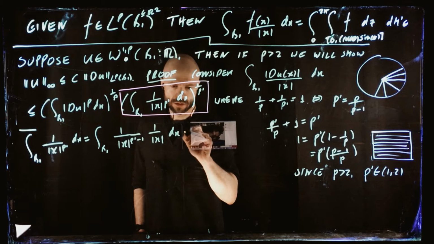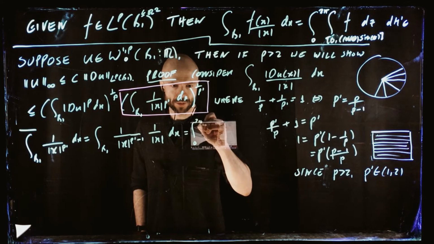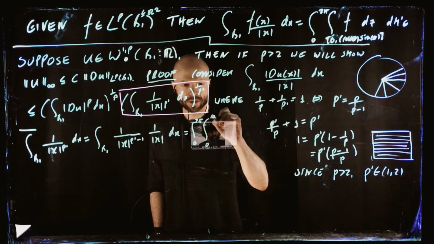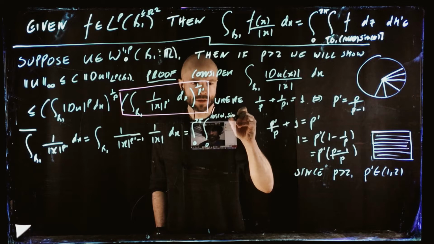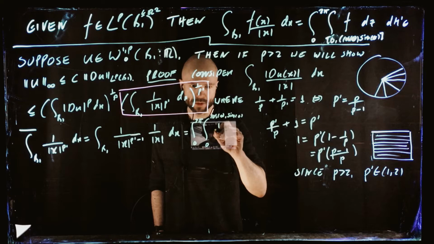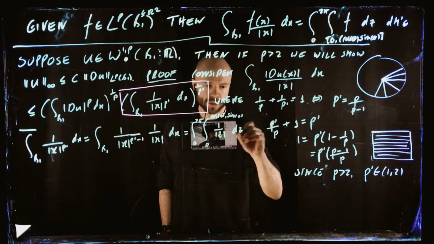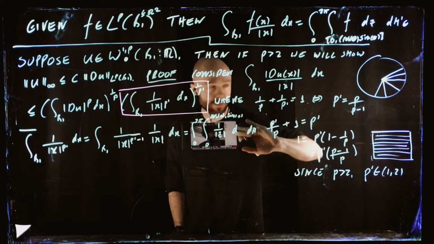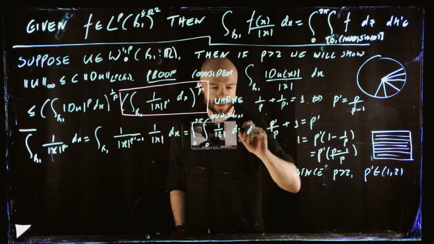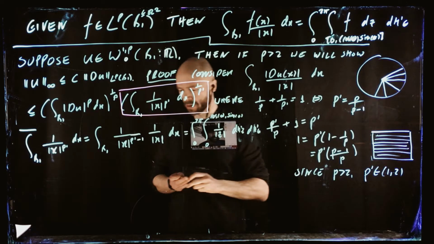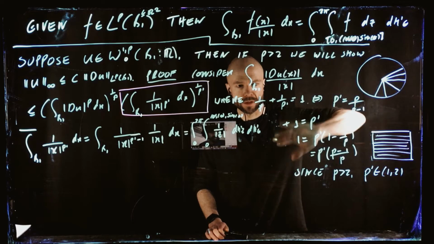So then this thing is equal to the integral from 0 to 2 pi, the integral from 0 to (cosine of theta, sine of theta), and now we're going to have just 1 over mod z to the p prime, dz, dH^1 of theta. Let me try and separate off some things.